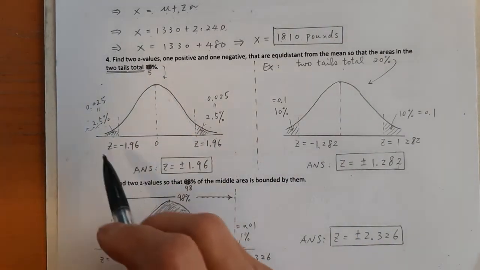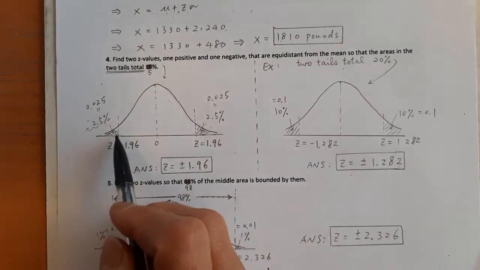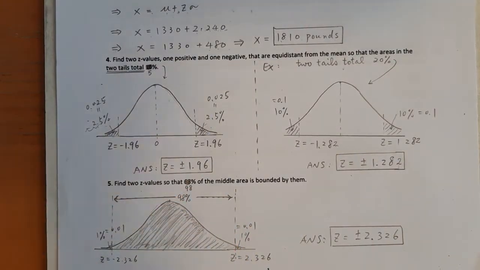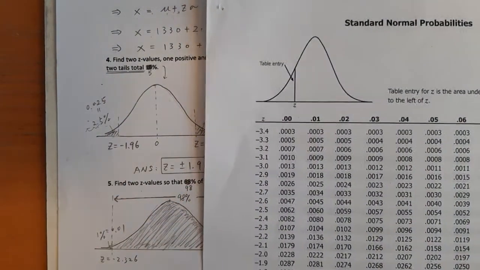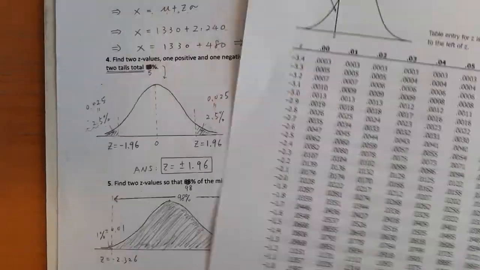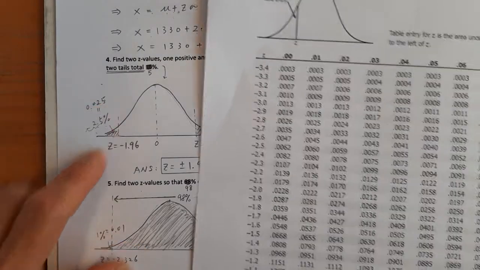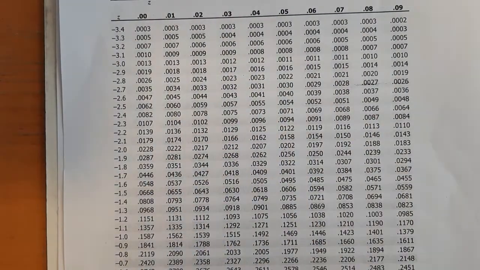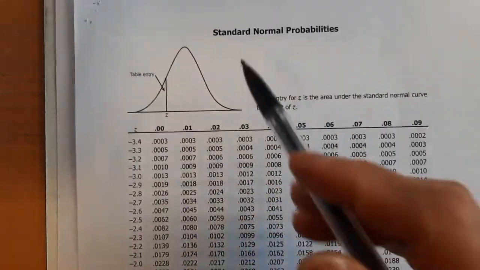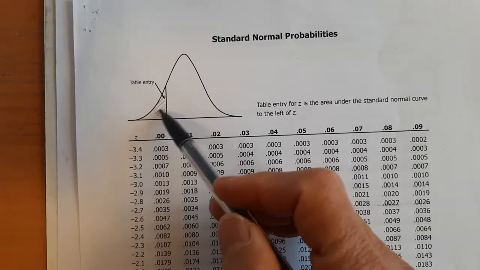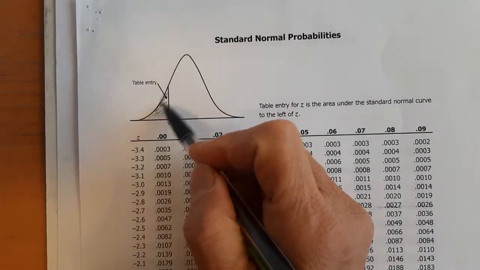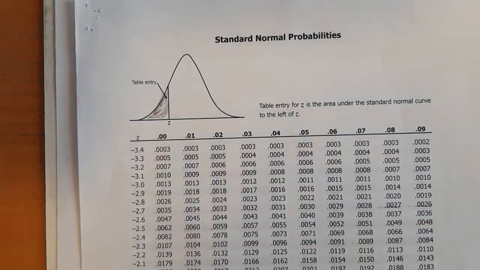Then we have to look at the table. This is 0.025. What is the z-score? We look at the negative z-score table, and we're looking for 0.025 in the body of the table. The area in the body is the area to the left of the z-score.